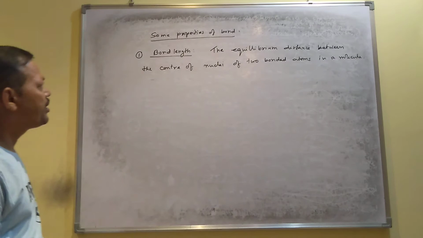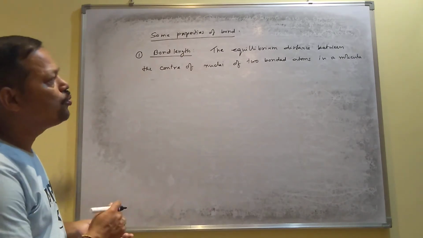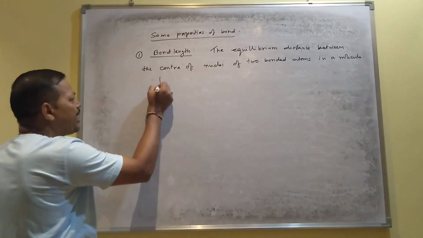Like this way you can write the definition: the equilibrium distance between the center of nuclei of two bonded atoms in a molecule.